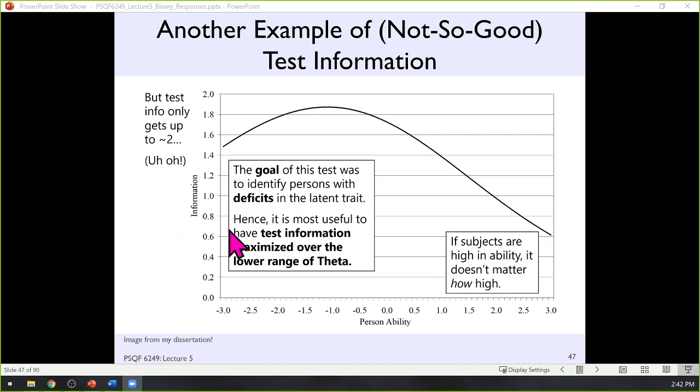And I would be like, okay, so I've got, say, 3 people at -3, and so their reliability is this, plus 4 people at -2.5, and their reliability is this, plus more people at this, and it would be a weighted function. So if you see one number for reliability, odds are good what they did is weight the information function with the number of people who are estimated at that point, and they came up with one number as a result of that process. To me, that is not helpful information because it doesn't tell you about the potential mismatch of what you're trying to do and what your function looks like.